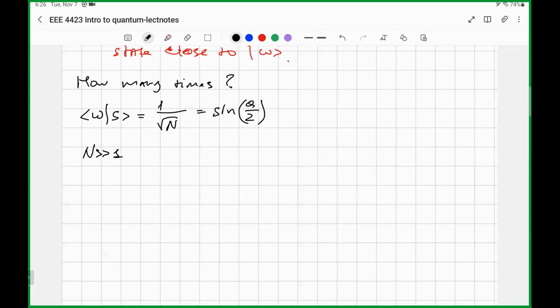So we assume that this N, which is the number of basis states in the Hilbert space, or 2 to the power of number of qubits in our circuit, is very large.